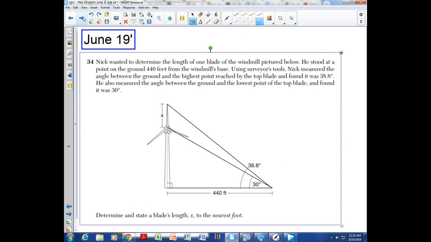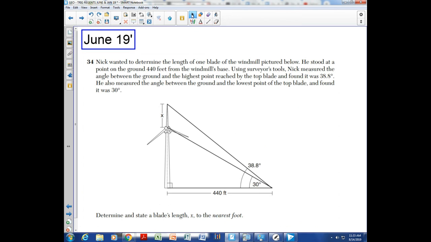Okay, June 19, question number 19. Nick wanted to determine the length of one blade of the windmill pictured below. He stood at a point on the ground 440 feet from the windmill's base.